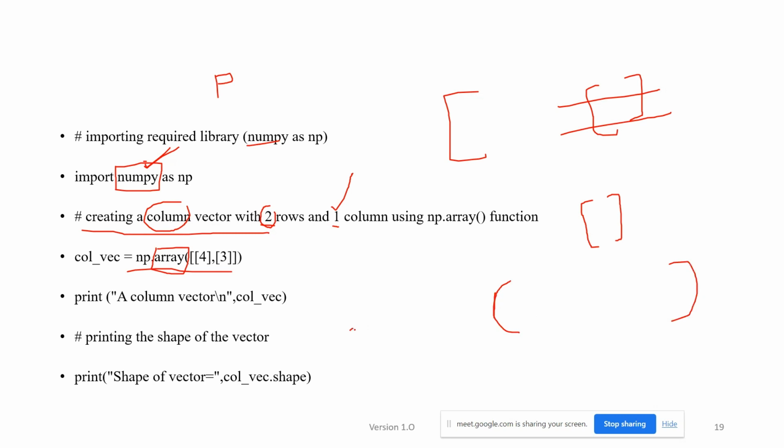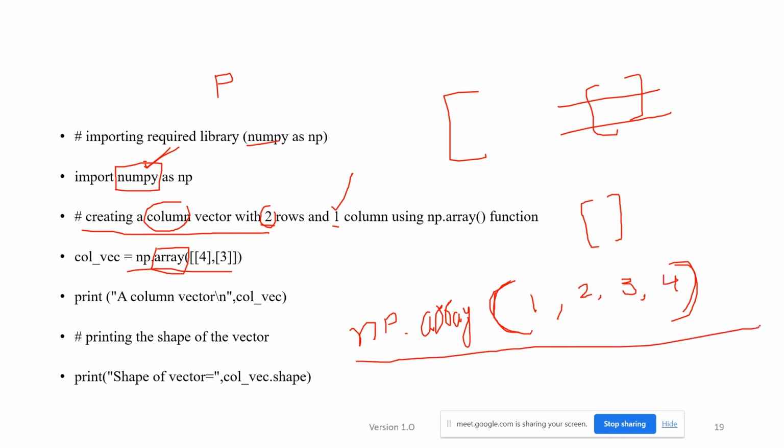Okay, np.array, we are declaring. Here it is represented with normal brackets. Inside this we can represent 1, 2, 3, 4, like this. This is a normal array. So what type of array is it? It is a row array.